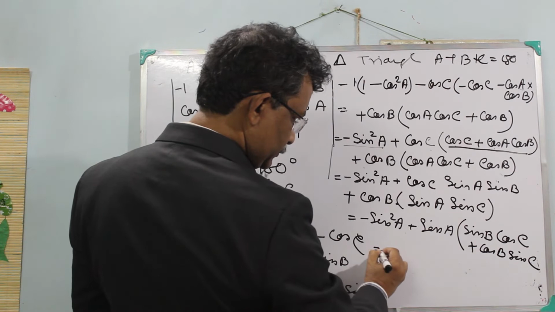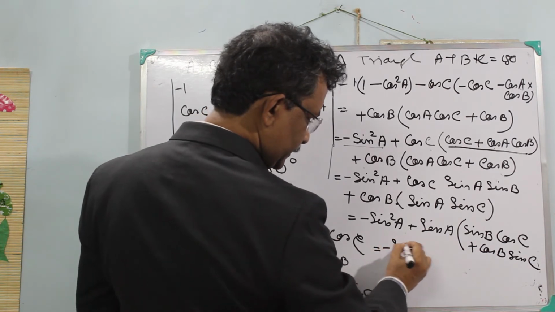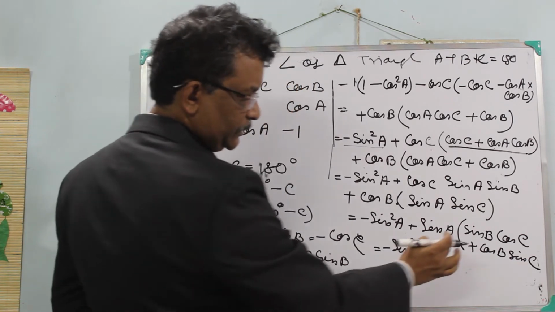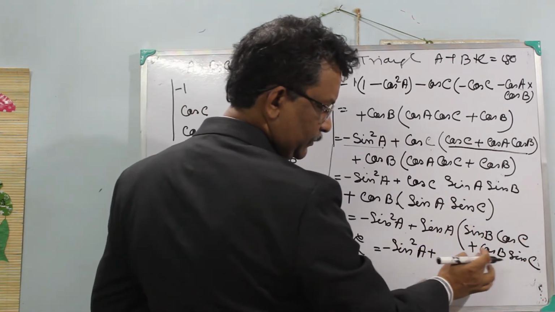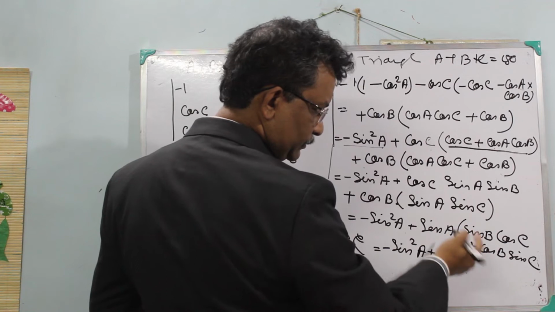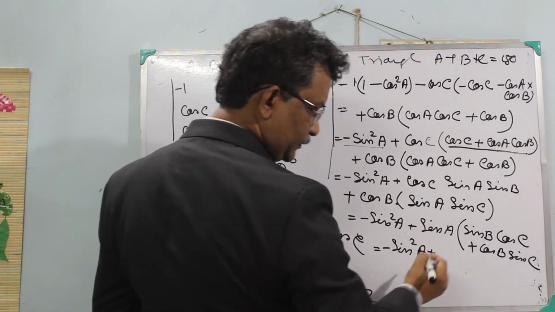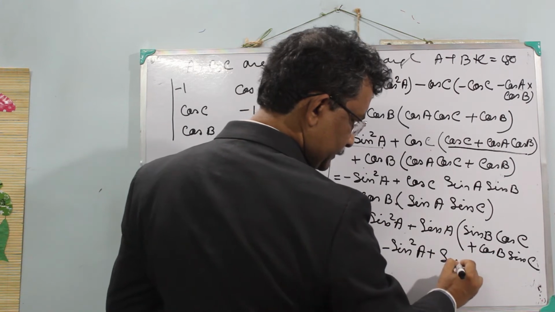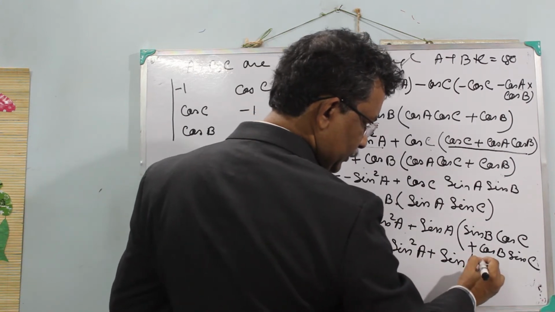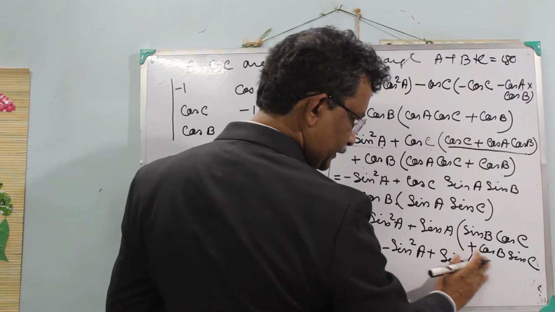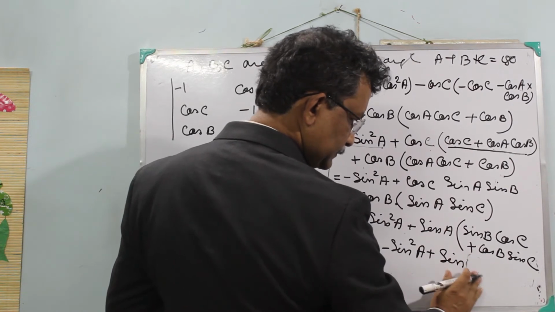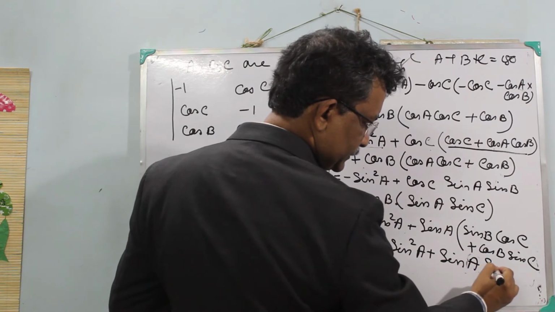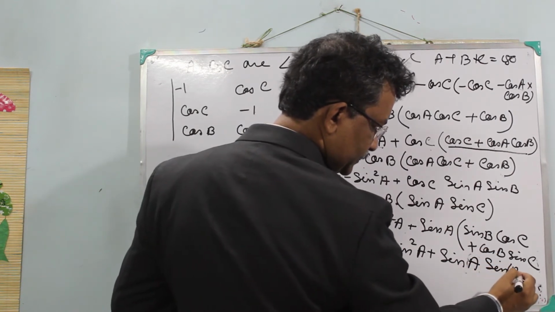So this equals minus sin square A plus sin A into (sin B cos C plus cos B sin C), which is the sin of B plus C formula.